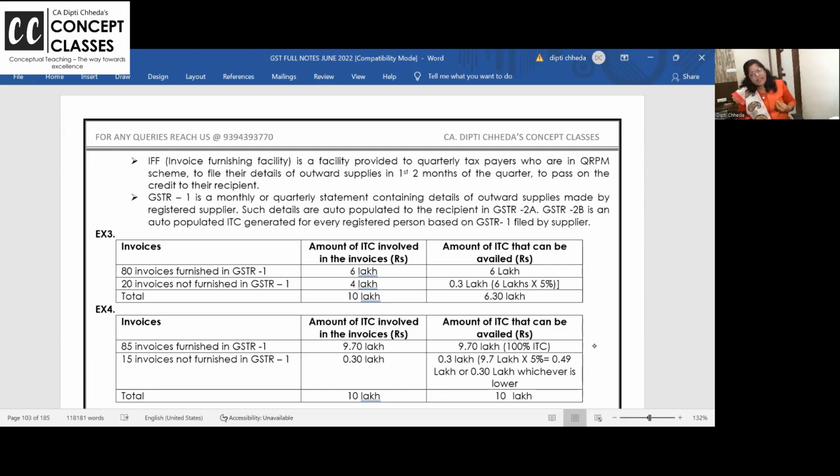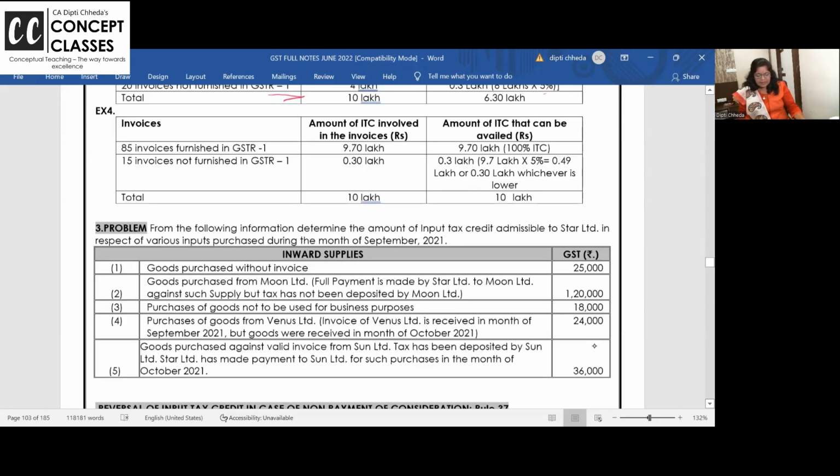So even though I have received the invoice and the goods, I still cannot take the credit, because whatever is purchased for me, dear students, those 20 invoices are sales for him. If he has not taken it in his output tax in GSTR1, I can't claim the input credit, no? So I can take at the most 5% of 6 lakhs. 5% not of 4 lakh, 5% of the eligible credit.